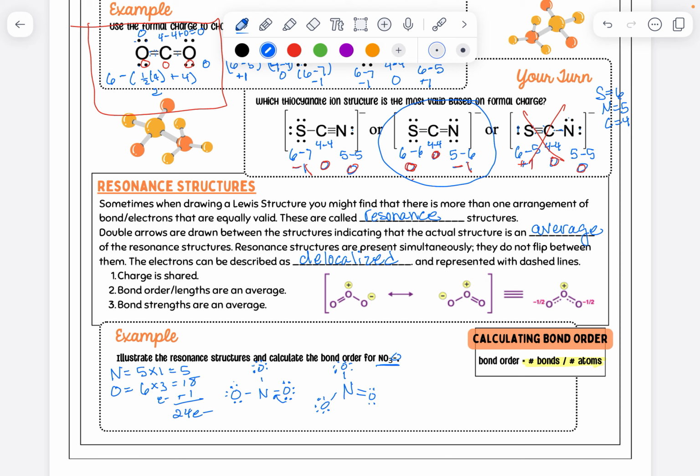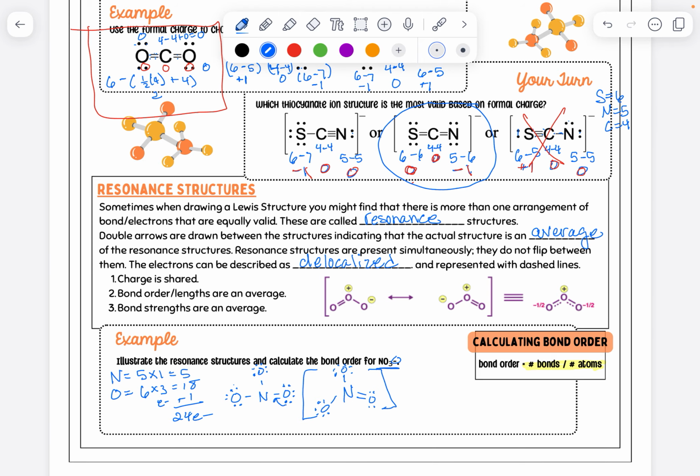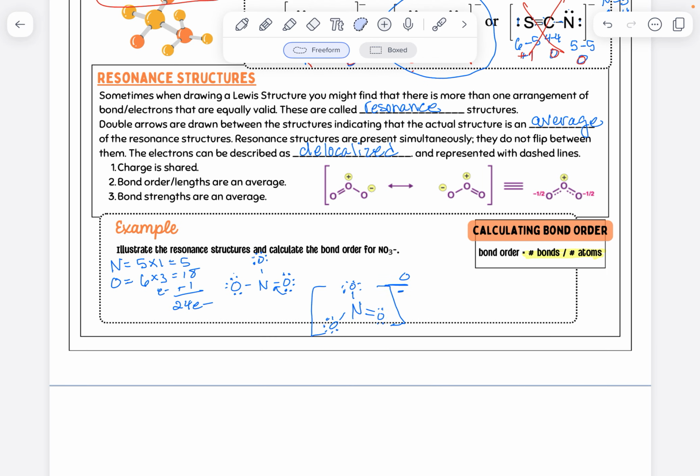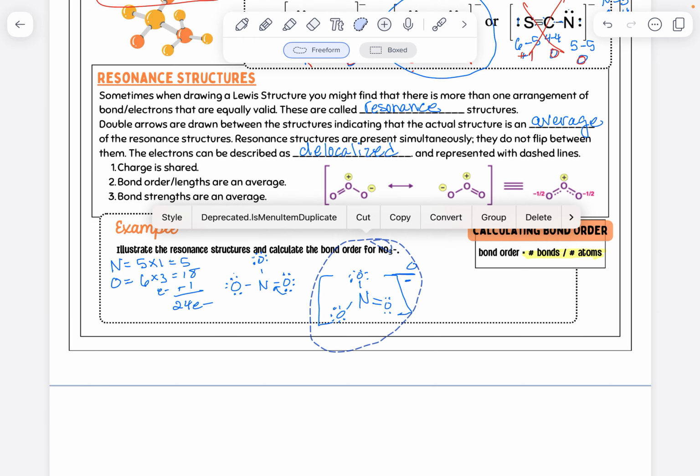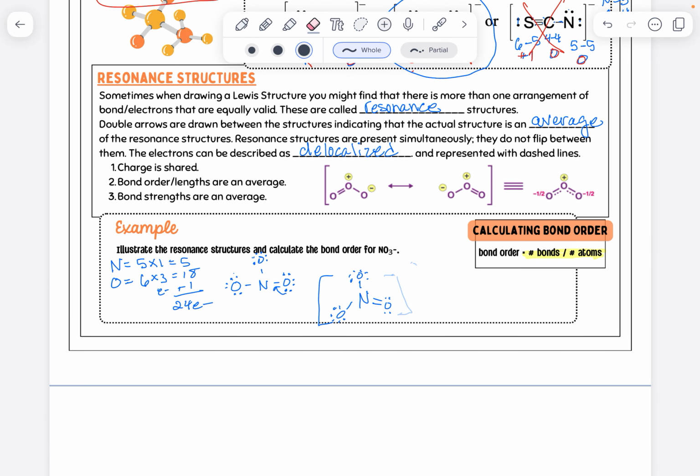Okay, so that is one representation, but don't forget to add that negative. I'm going to take this and move that down. Okay, so that's one representation, and then I have to draw the other two.